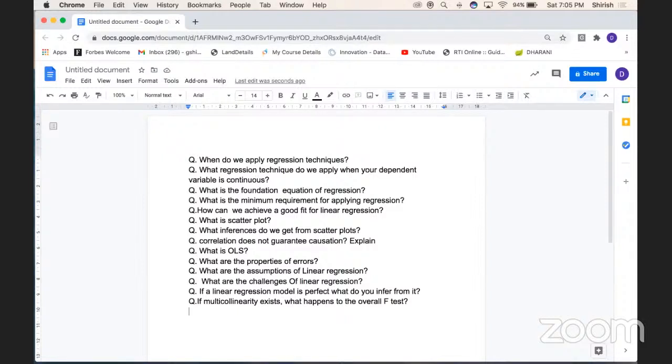But what is this F test statistic? What does it give us? What inferences do you draw from that particular calculation?